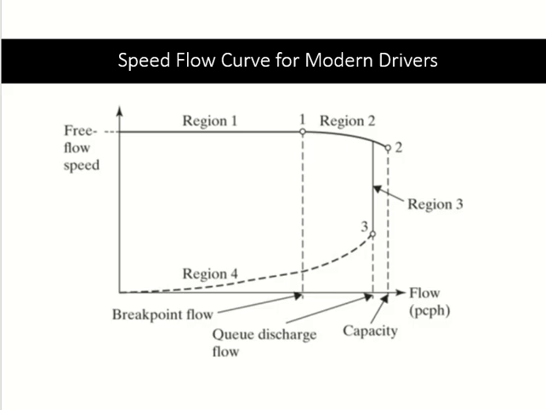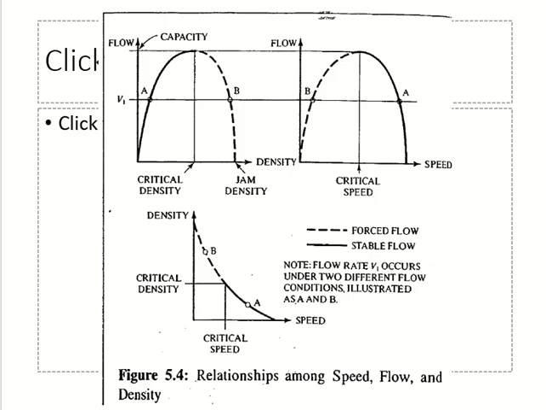So this is the graph between flow rate and speed. Now keep the real thing in mind. Okay. And I will draw it here as well, just to change the orientation. Okay, so the flow rate and speed is this one. We are talking about this graph, right? Okay, but they have changed the orientation.